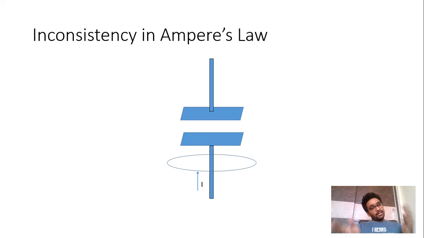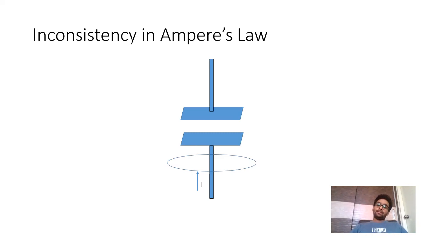Maxwell thought the other way. What if we have a change in electric field? Can we generate a magnetic field? Then there would be some electric field between these two plates which is changing, and because of which it is producing a magnetic field which is causing the needle to deflect.